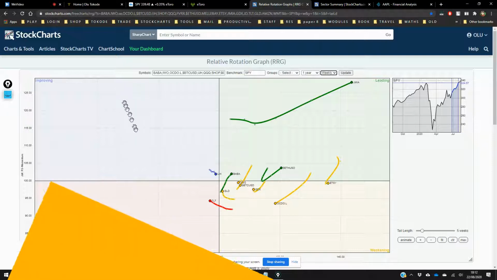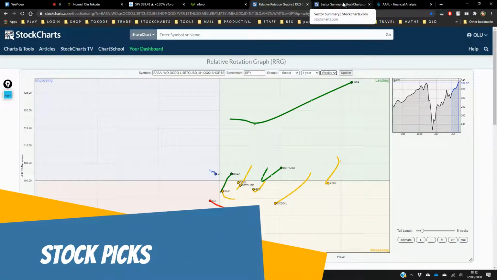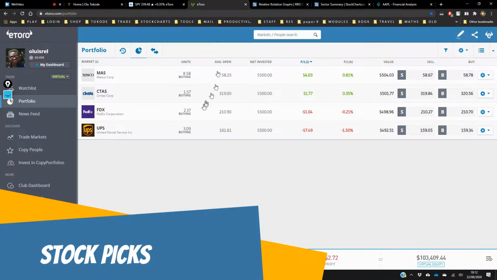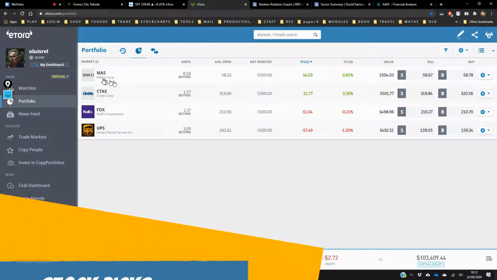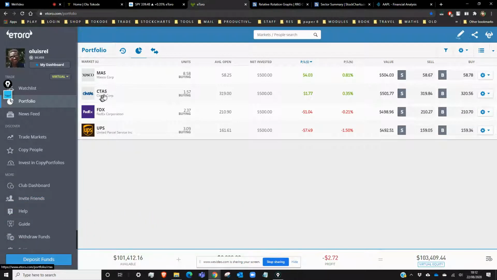Now, let's move on to stock picks for this week. So last week I picked some stocks from the industrial sector. Masco Corporation, Cintas Corporation, have no idea what they do. FedEx Corporation, United Parcel Service.